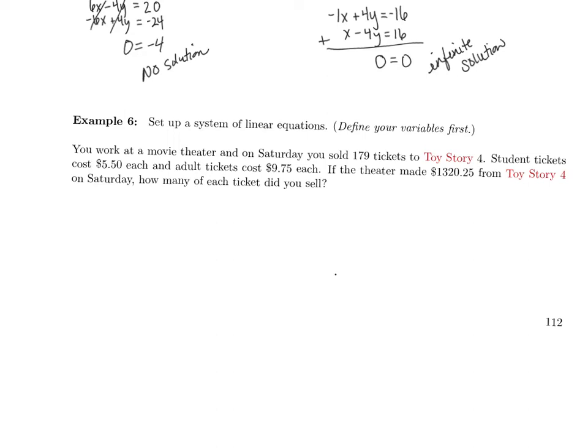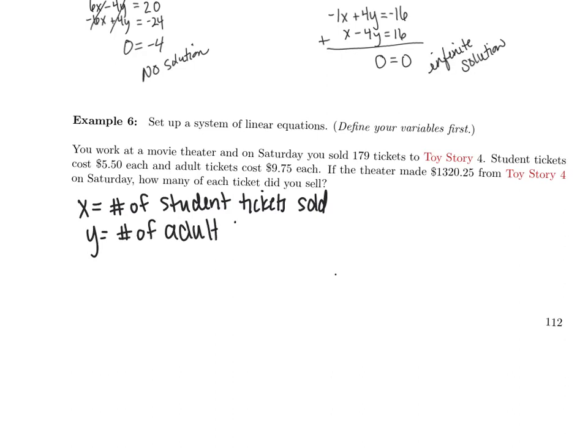So we're selling two types of tickets. We're going to have an adult ticket and the student ticket. So let's just let x equal number of student tickets sold. And then y can be the number of adult tickets sold. Okay, so KU is very particular about making sure you define your variables, so you gotta make sure you do that.